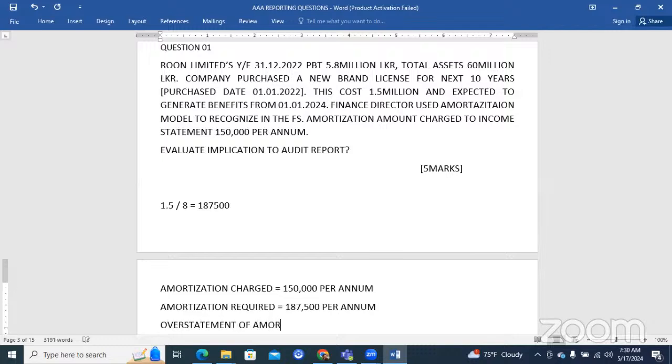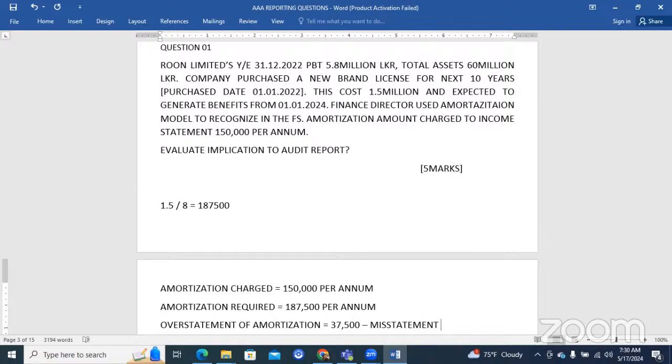So the real amortization amount is 187,500, but we charged 150,000.